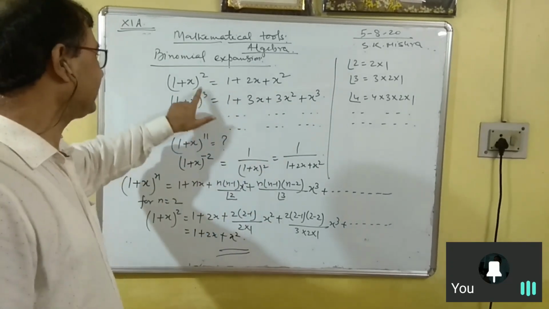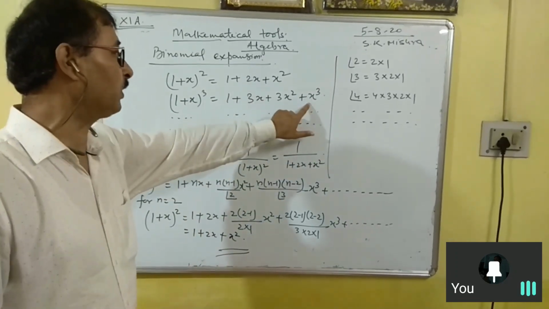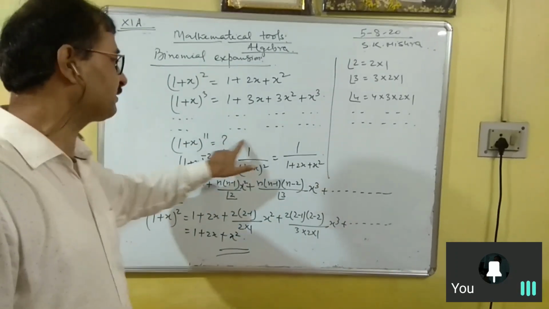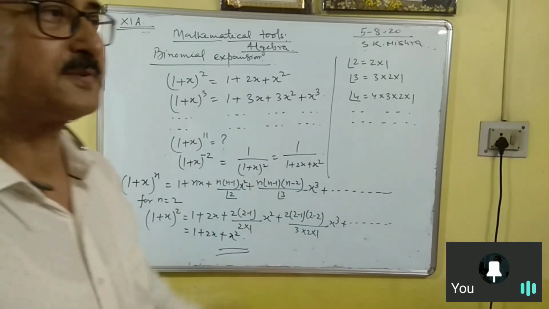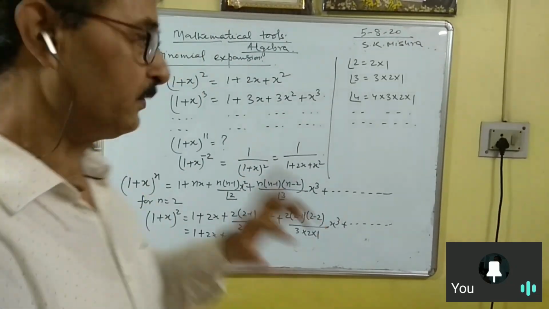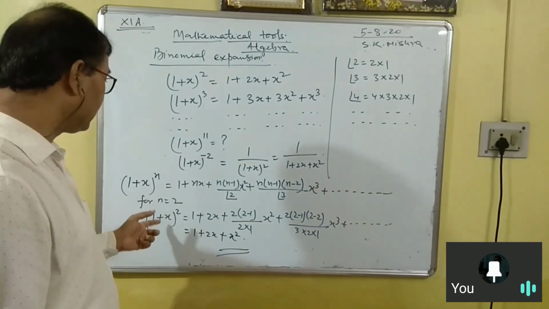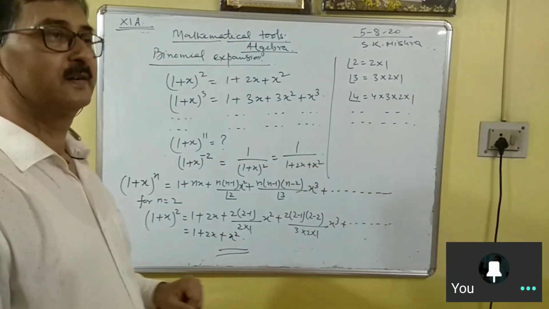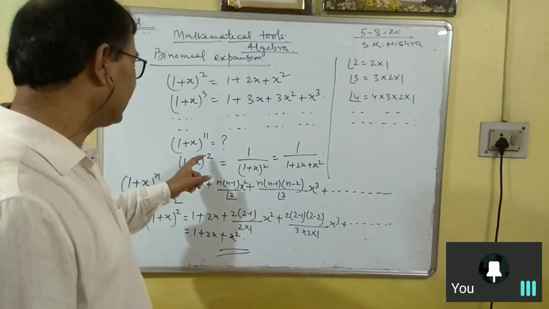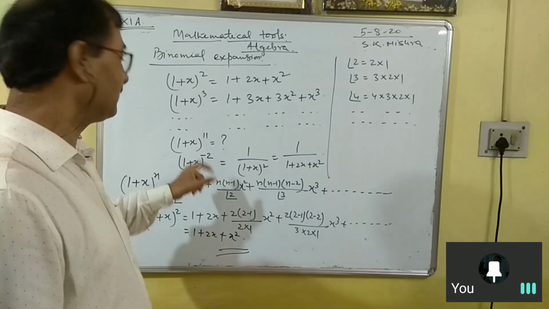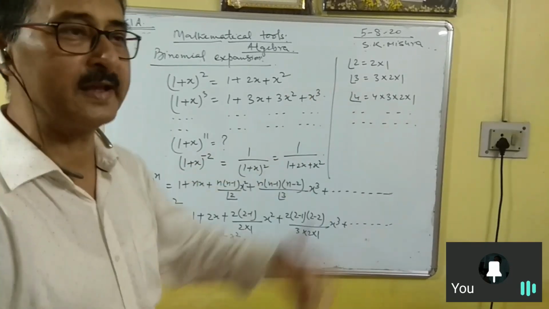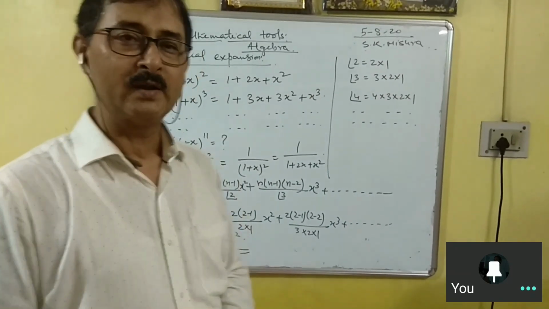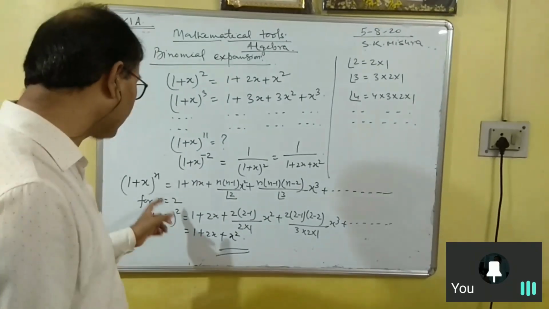If it is 3, see 1, 2, 3, 4. If the power is 11, how many terms will be there? 12 terms, that is 11 plus 1. But if the power is negative, that doesn't mean minus 2 plus 1, then minus 1, so minus 1 term will be there. It has no meaning. So this is true only for n a positive integer.